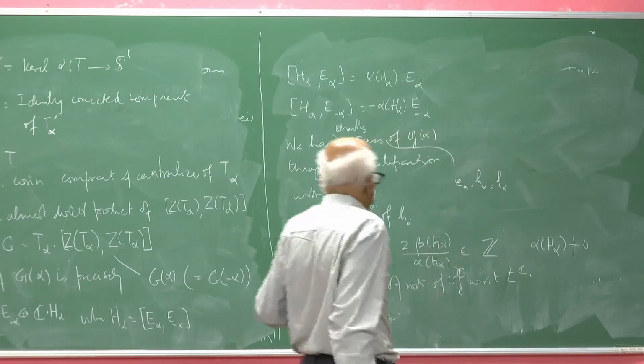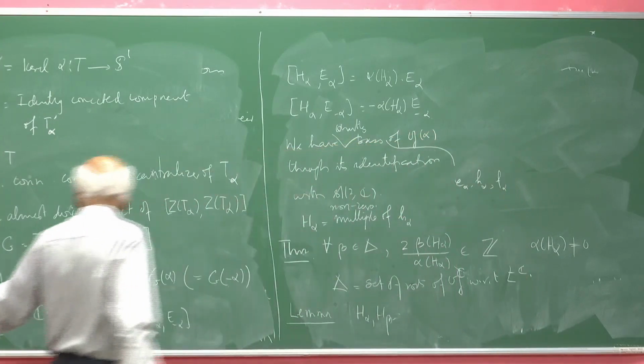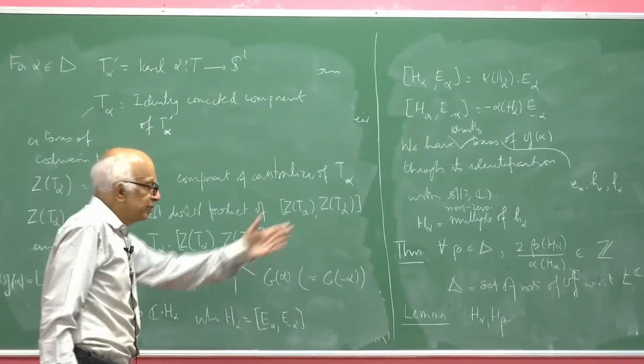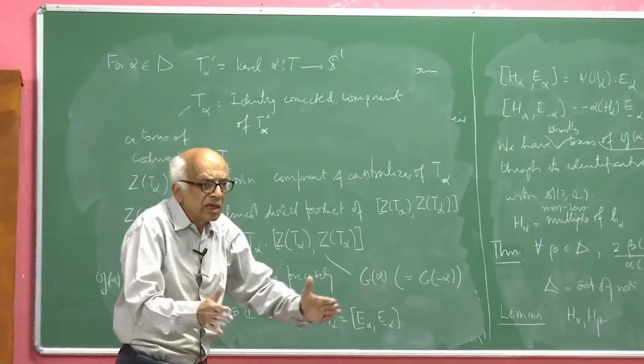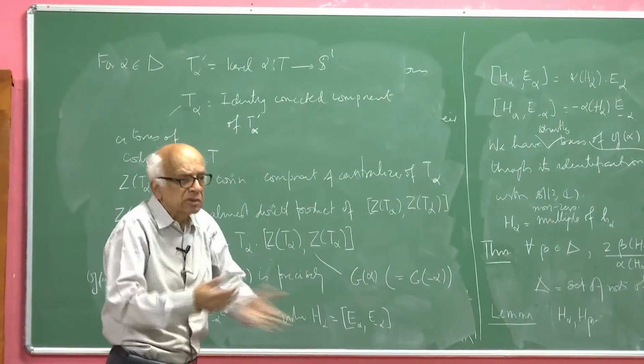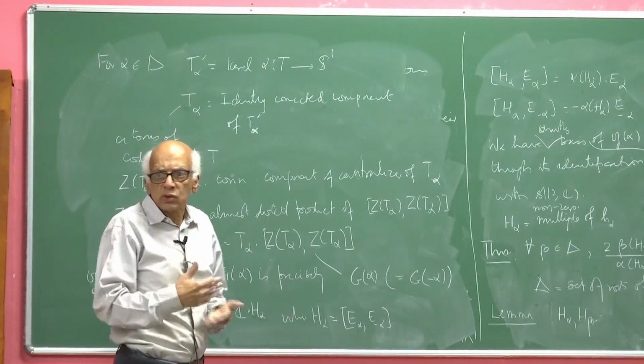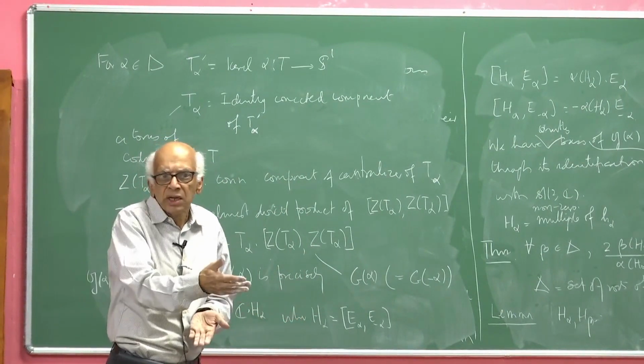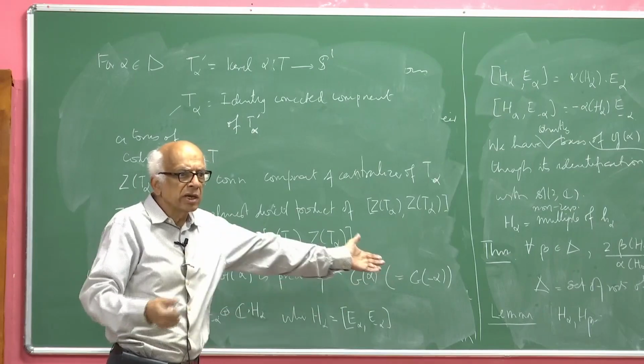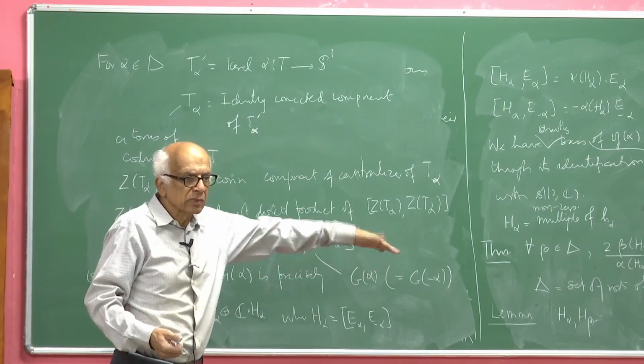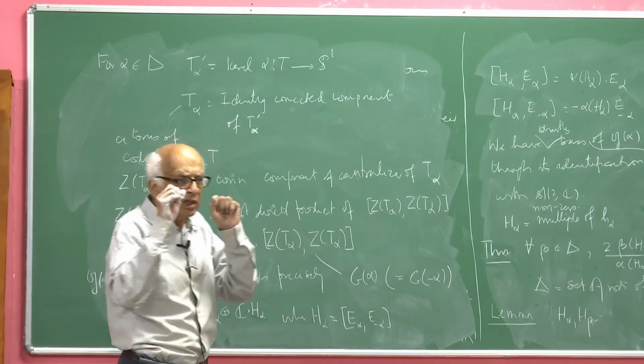The point is, this is an SL2, and beta is an eigen character for SL2 in some representation, here the adjoint representation. And I have shown that for any representation, whatever eigen character you take, the ratio is an integer. I am using it only for SL2.